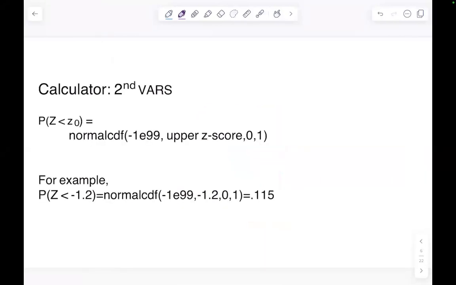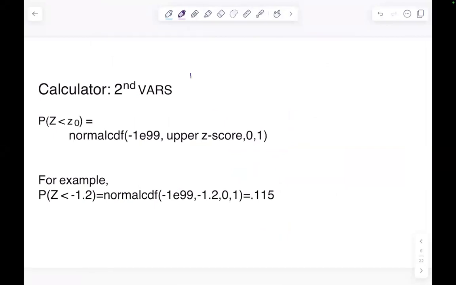So now we're going to use our calculator. We're going to use an example. We have this function called normal CDF. I'm just going to write it out here.